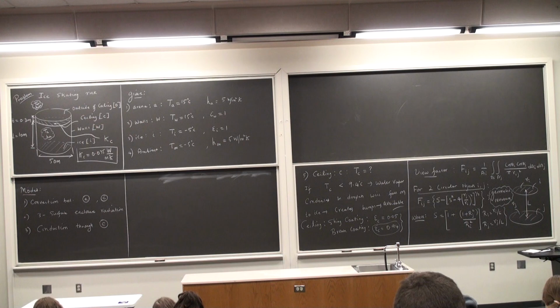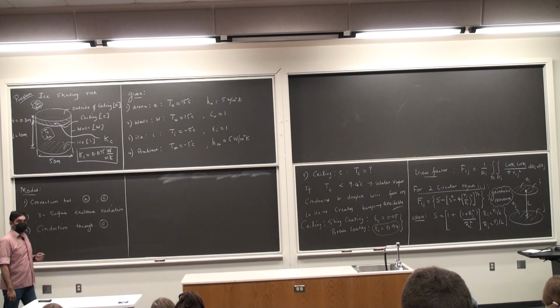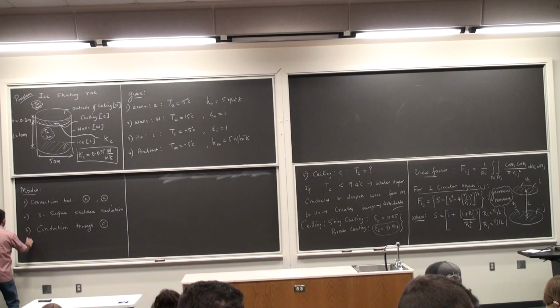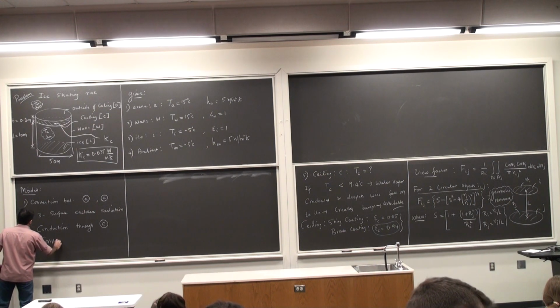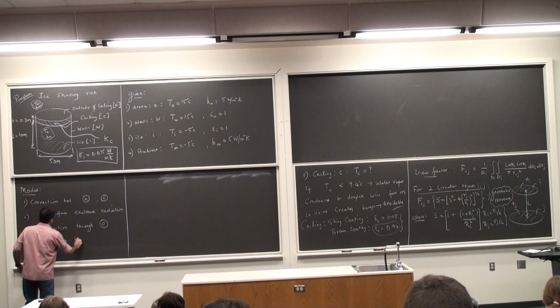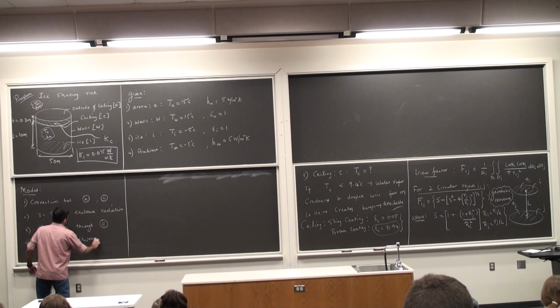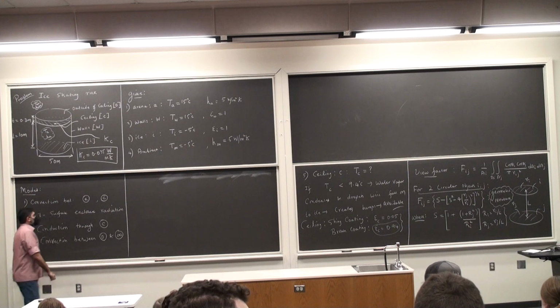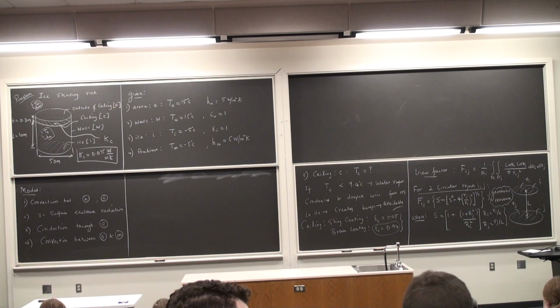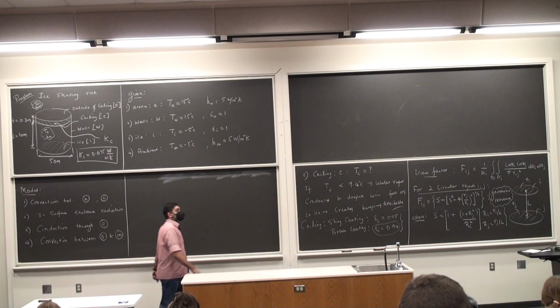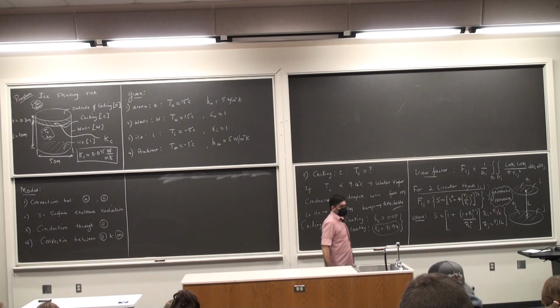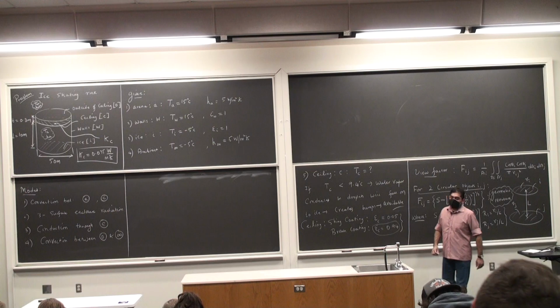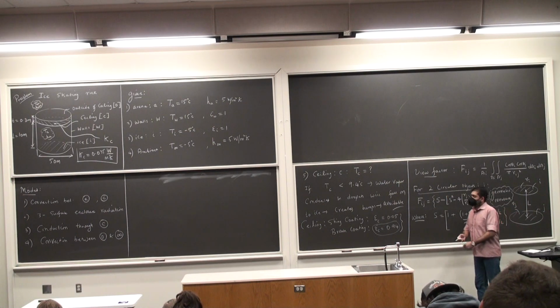And the last one is convection between the outside of the sealing and the ambient atmosphere. If you want, you can also include convection between ice and the arena air. Not interested in it because I already know the temperature of ice. That's -5.